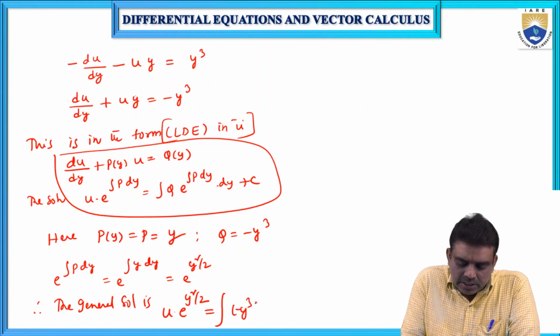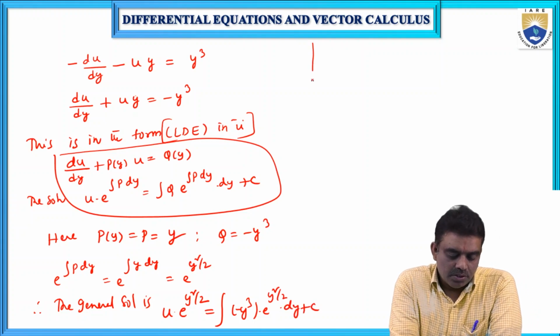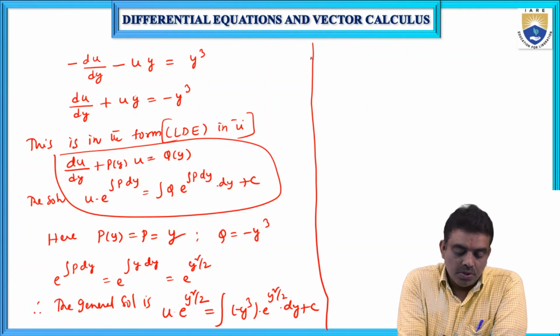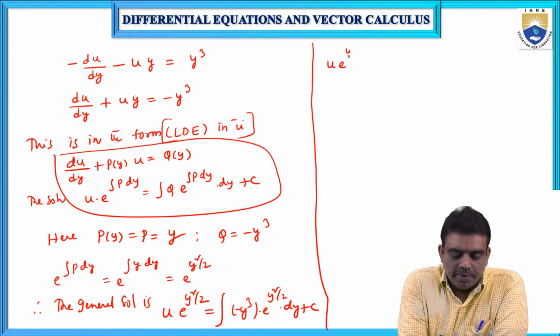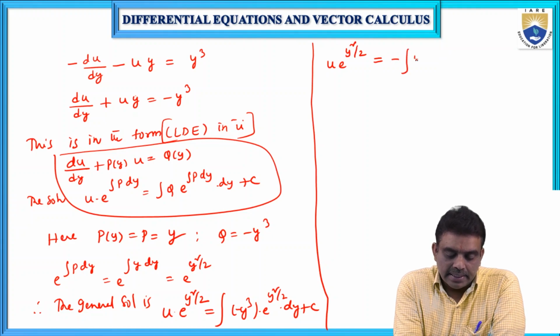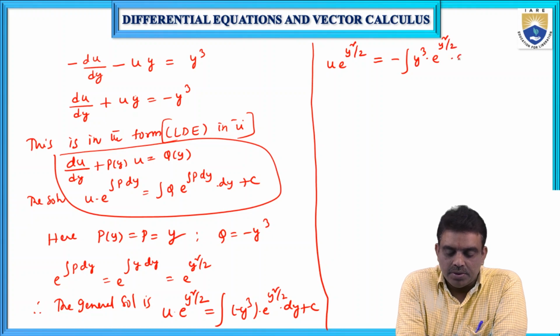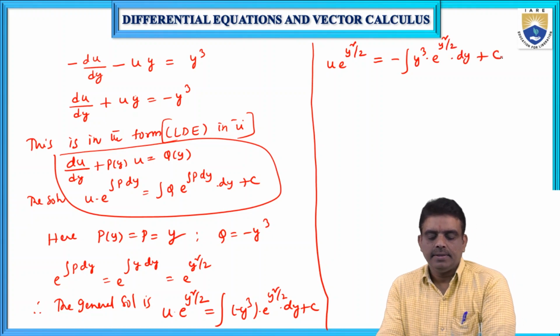Q means minus y cube, e power y square by 2 dy plus c. So, this is equal to u into e power y square by 2 is equal to minus integral y cube into e power y square by 2 dy plus c.